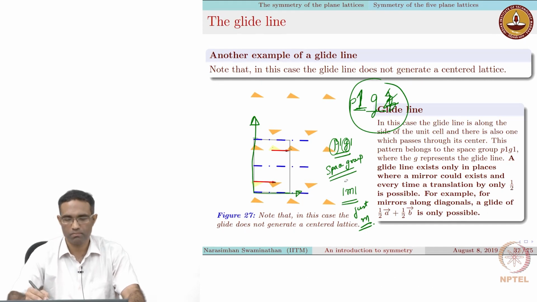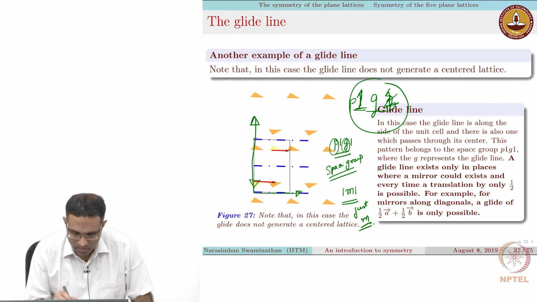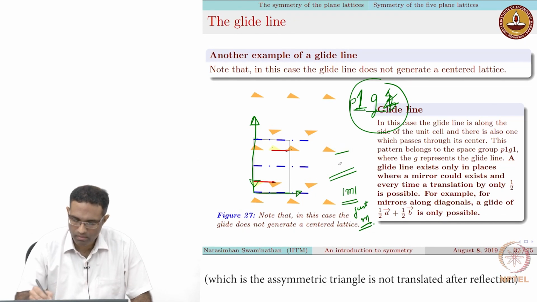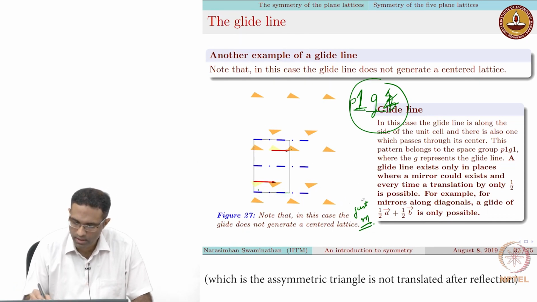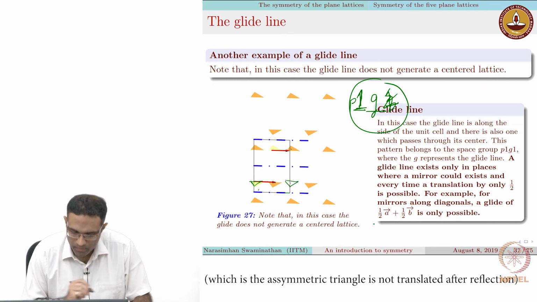Yes. Sir, if we do not consider the glide after reflection, then I don't think we can say that mirror is also present in that. Really? Okay, let us take a look. I don't know, I'll have to do it and see. So you say I'm just going to, this is the thing, then there should be one present here, right?